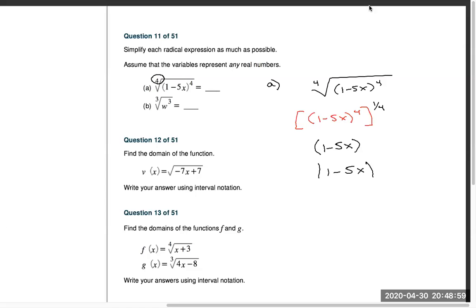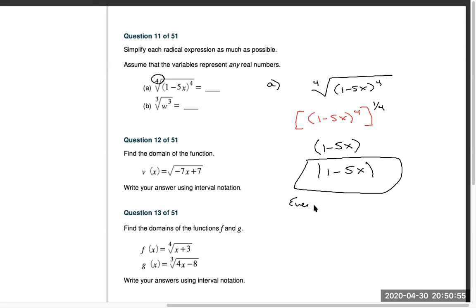Okay, hold on a second. Okay, so for part A, you're going to have the absolute value of 1 minus 5x.